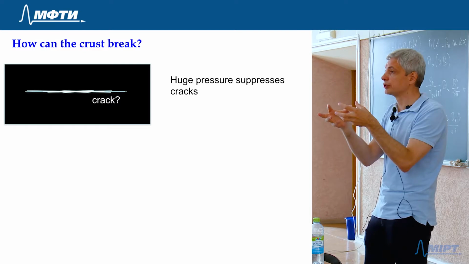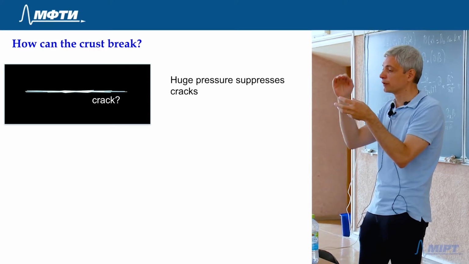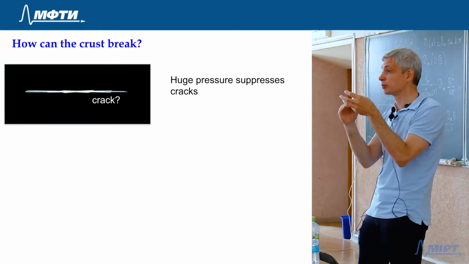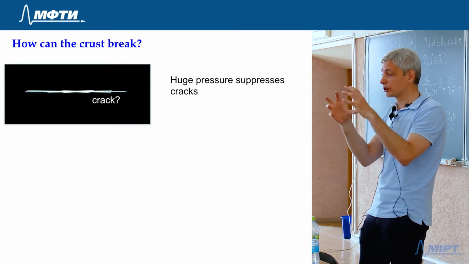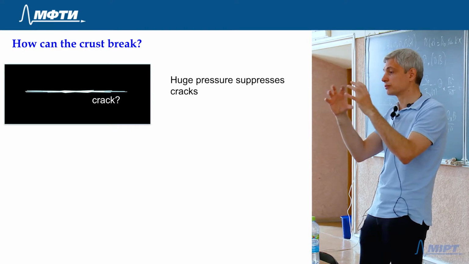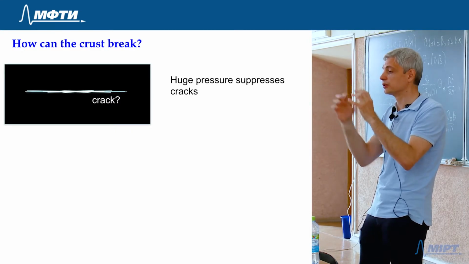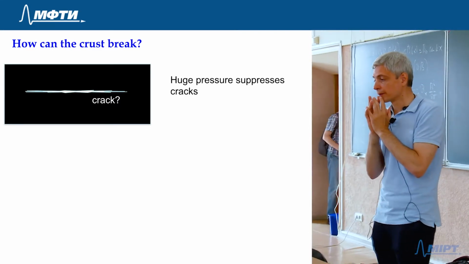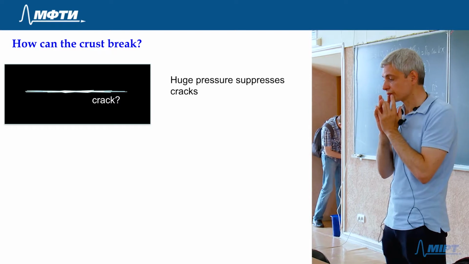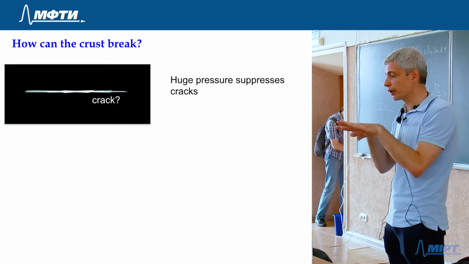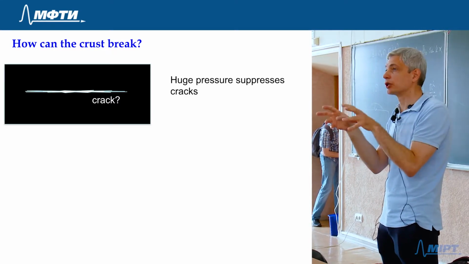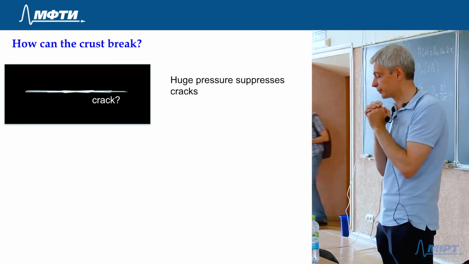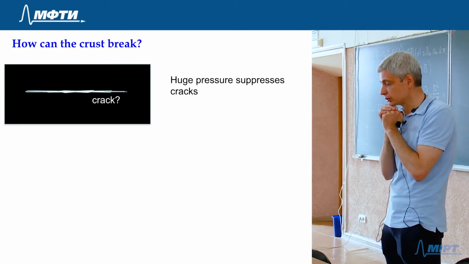This Coulomb energy density is much smaller than the hydrostatic pressure in the crust, in particular the energy density of the degenerate electrons that maintain the pressure. So the crust is kind of floating in this highly pressurized electron gas. The easiest way to break it is to create a shear. It's very hard to compress it, but if you create a shear, it is easier to break it. So anyway, cracks are not an option.